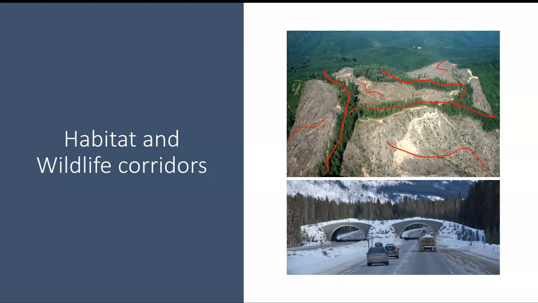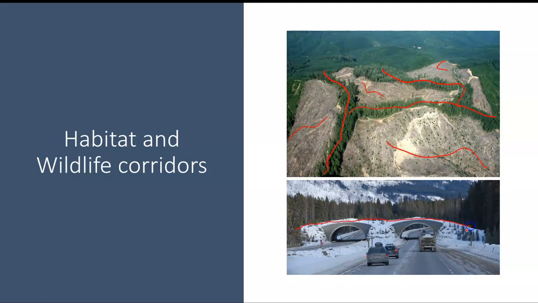In much logging, the United States Forest Service requires these little habitat corridors to be left intact much of the time when we go and log our national forests. Okay. Now, you may have also seen, as you cross Snoqualmie Pass and other passes going through the Cascades, these wildlife crossings.